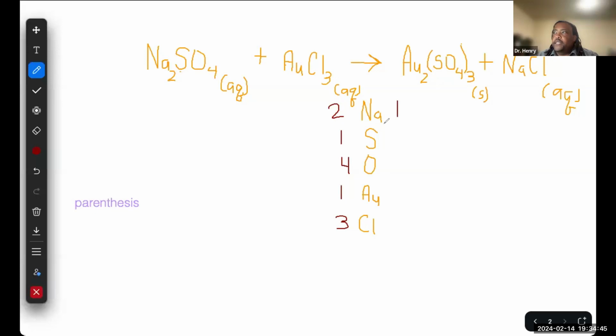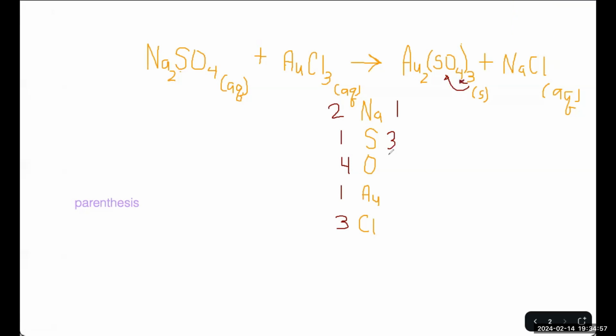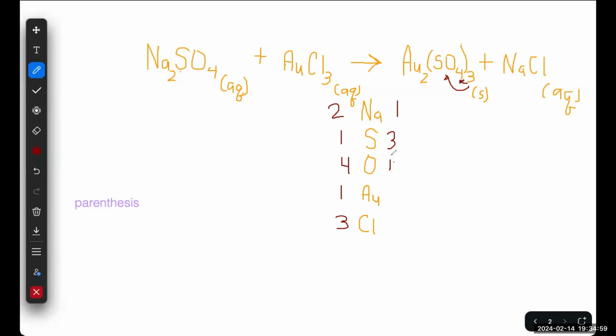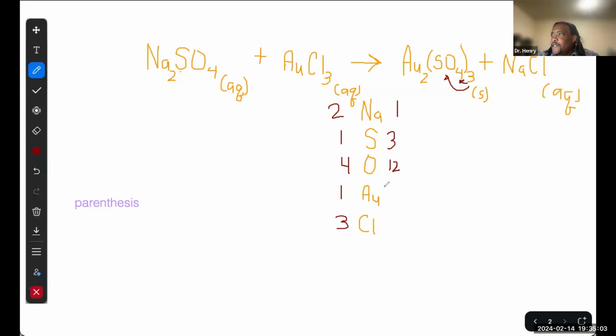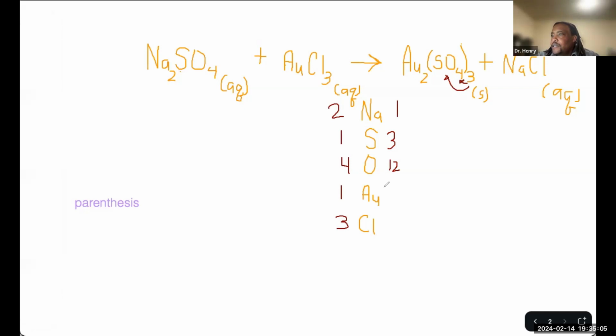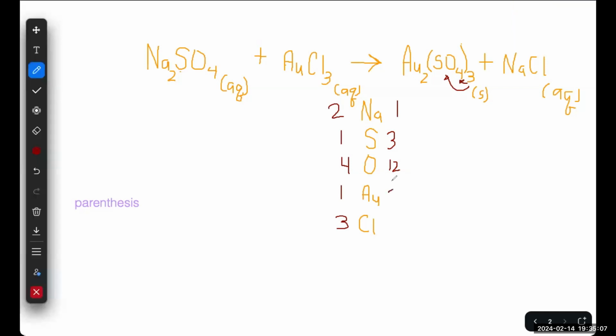So 3 times 1, that's going to give us our 3. So we're going to do it like this. And then how many oxygens? 12. How many gold? 2. And how many chlorine? 1. Okay.